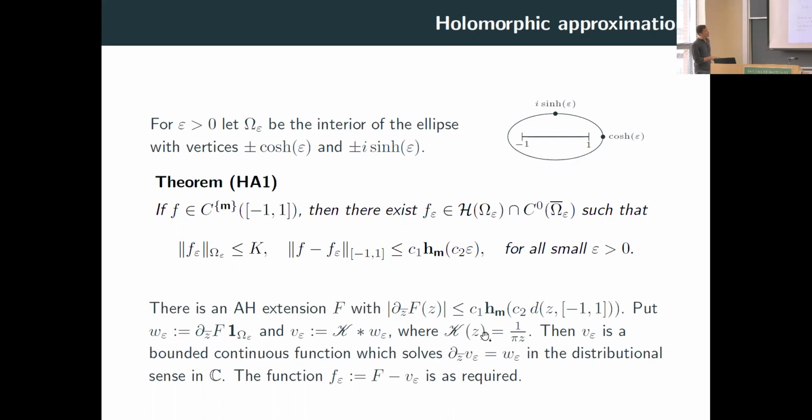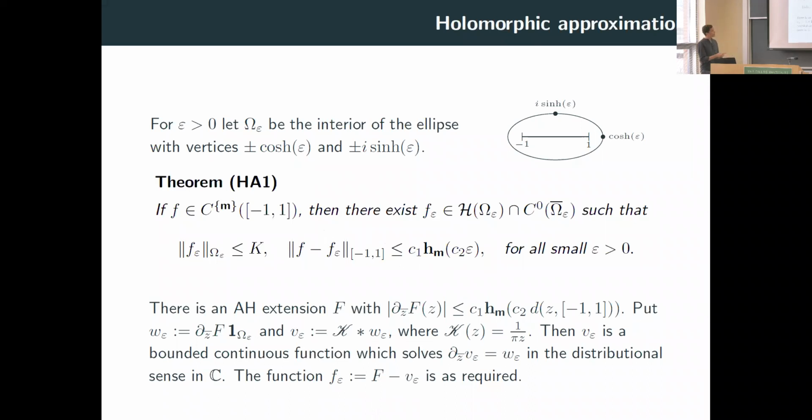By the very fact that this function solves the d bar equation, the function I get, f epsilon, has d bar equal to 0 in the interior of the ellipse. Therefore, it's holomorphic. And then it's an easy exercise to show that it also satisfies the other properties here.